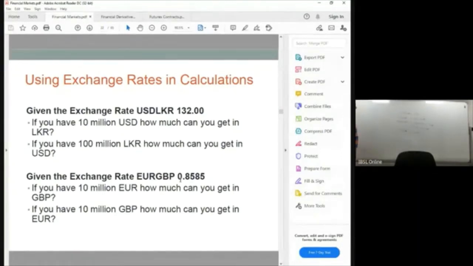Right. So 1 rupee will buy you 1 over 132 dollars. With 100 million rupees, it will be 100 million divided by 132 dollars.